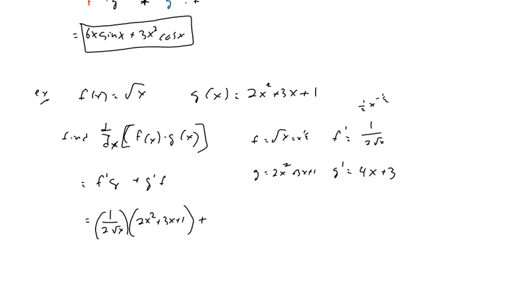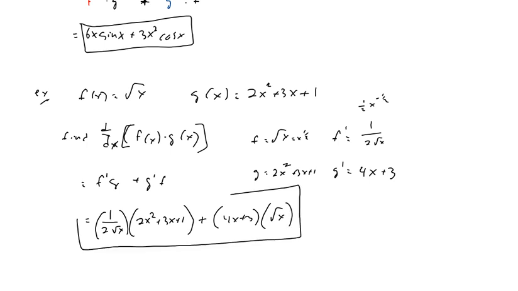So my g prime, 4x plus 3, times f, my f equation is the square root of x. And there you go. Just slotting in the pieces where you need them. You have all 4 pieces here. Slot them in where they belong.